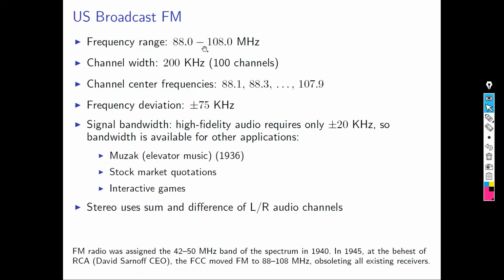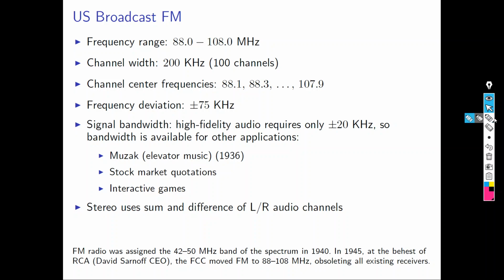So you basically have around 20 megahertz of spectrum. These 20 megahertz of spectrum are divided into channels with a bandwidth equal to 200 kilohertz. Each channel is 200 kilohertz.